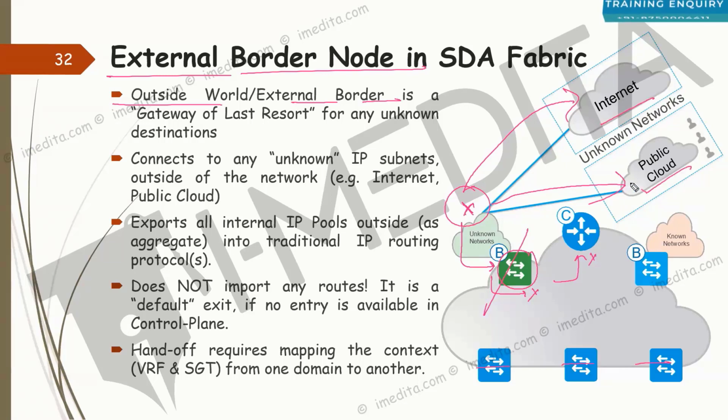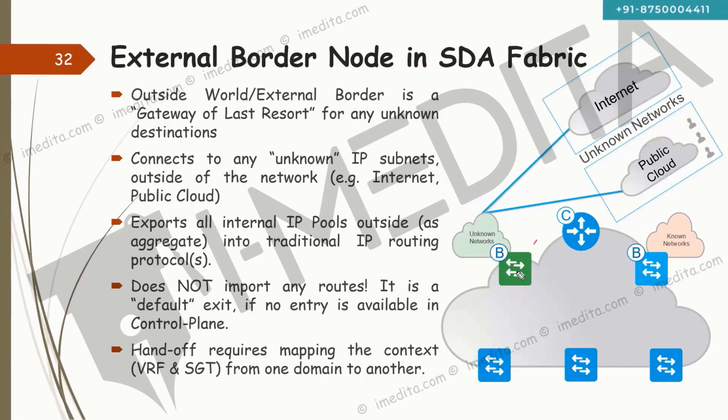Default route. It connects our SDA network to the outside network that is not under our control, some unknown destinations such as, for example, public cloud or the internet.